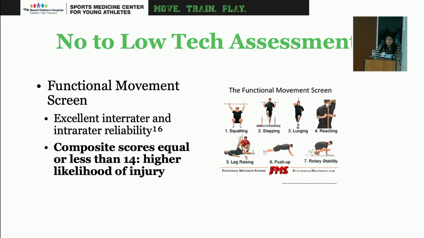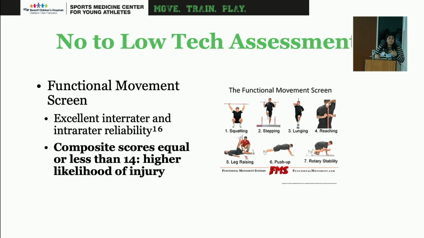Okay, and then the functional movement screen. Unfortunately, with the time, we won't be able to review which specific movements are in each screen, but I highly encourage anyone who's interested in the Y balance test, FMS, and a couple more of the low-tech assessments to go to our workshop this afternoon led by Sean and Michael. I don't know where they are.